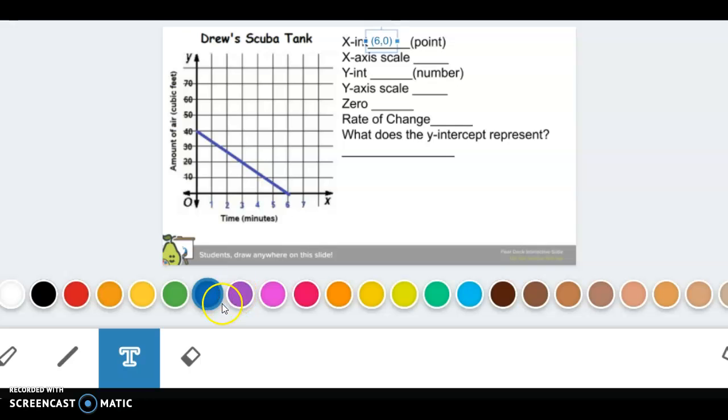I would say that another good point on my line could be right here at the 0, 40. And then I would say right here at the 3 and 20. Because my line is negative, I would count it down first, and then I would count to the right.